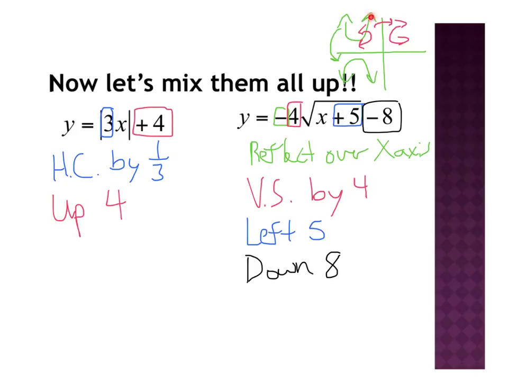But if I'm looking at this green one here, when I reflect over the x-axis, which is this horizontal axis here, it's actually doing a vertical movement. See how my laser pointer is moving up and down. When I reflect over the y-axis with these red graphs, I'm going from left to right. That's a horizontal movement. So horizontal is reflecting over the y-axis. Vertical, I'm reflecting over the x-axis.